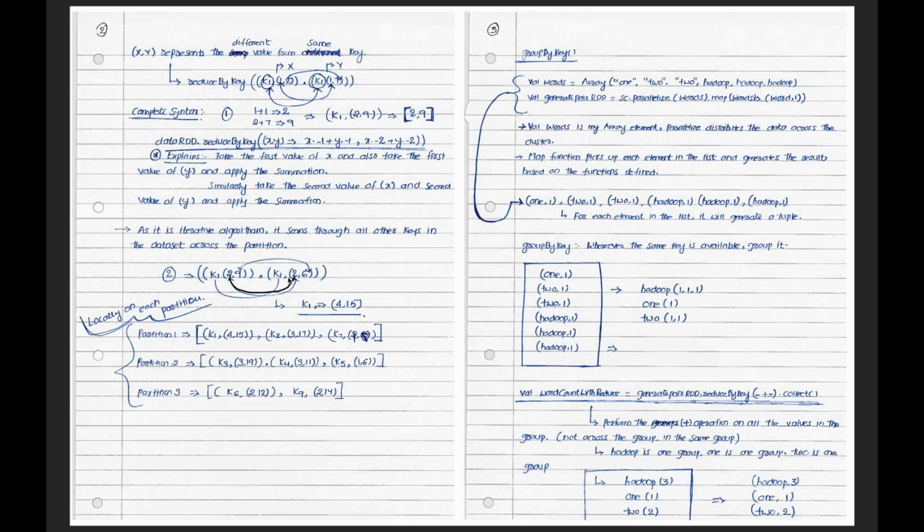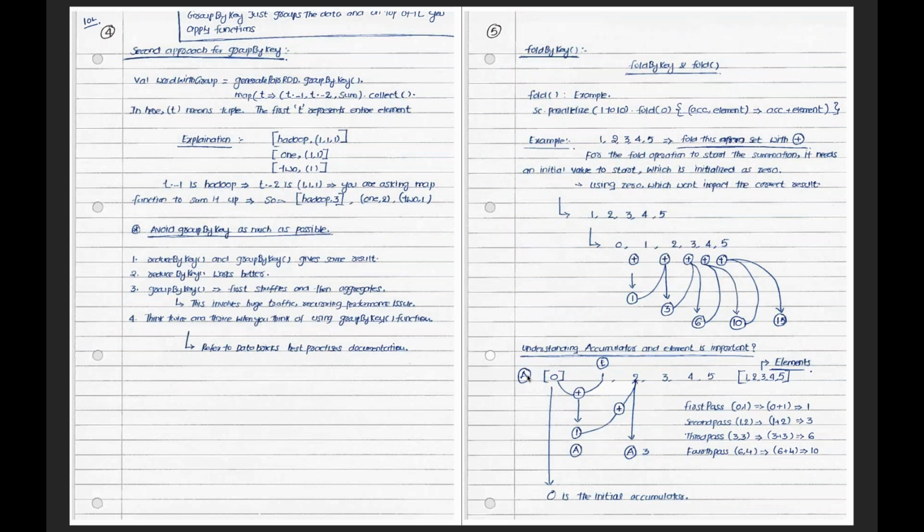You counted this one plus this one and this one plus this one, which is summing the values based on the key. What did you do here? You did the same work, but you grouped the keys and you reduced the values based on the groups. Okay, erase all drawings, go to pointer. That's what it is.